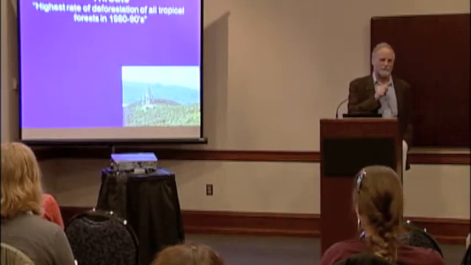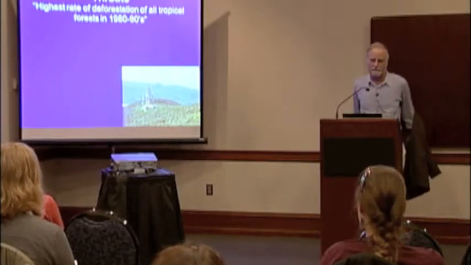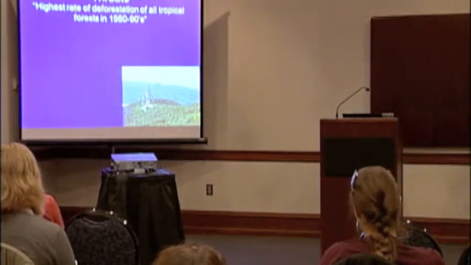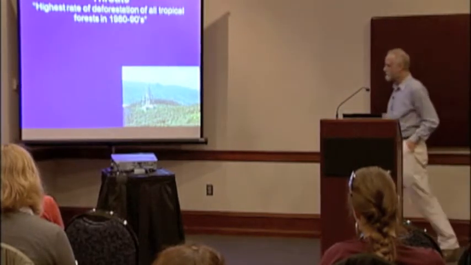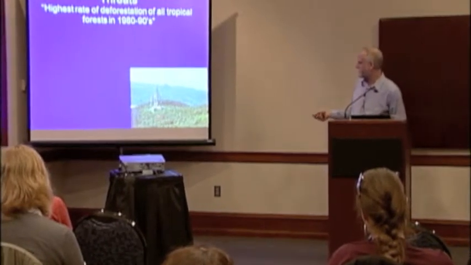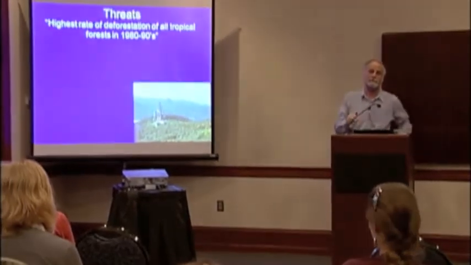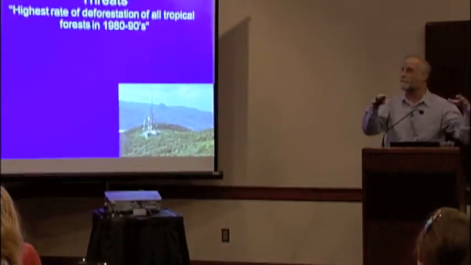So for a long time, people have been interested in them for these biological reasons. It also turns out that when we really started looking at them, and I got involved in them in the late 80s, some of the fastest rates of deforestation of all the tropics were occurring in these montane areas.